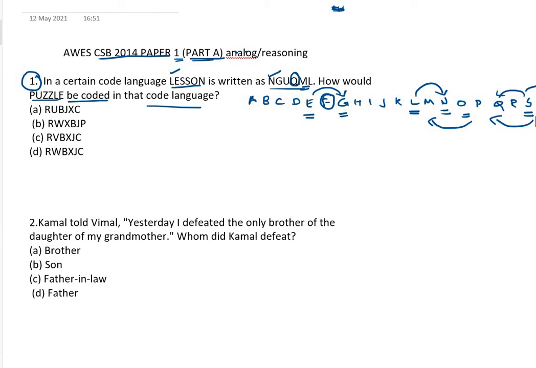L to N here, and N to L. So the first three letters are taken alternately in the forward order and the next three letters in the backward alternate letters. In the same way we have to choose for P.